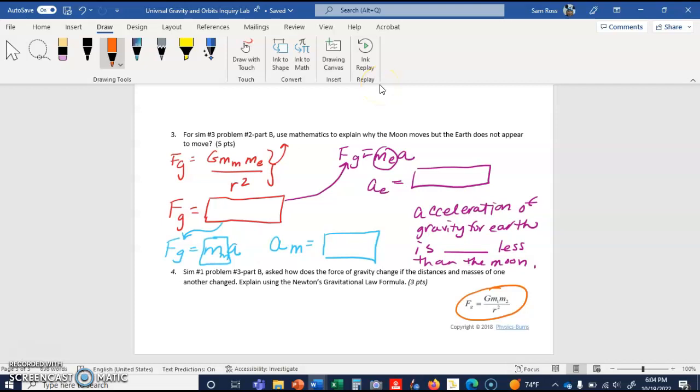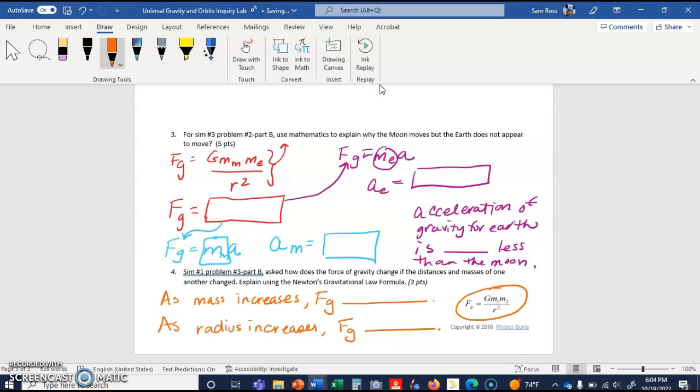The formula shows that as mass increases, the gravitational force does what? Increases or decreases. And as radius increases, the gravitational force does what? Increases or decreases. All right, let me know if you have any questions.